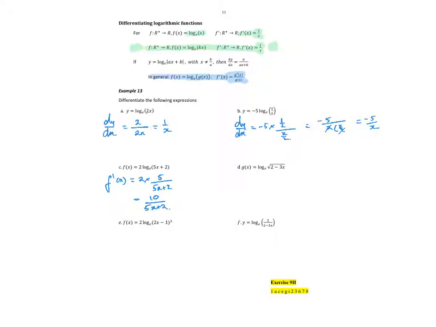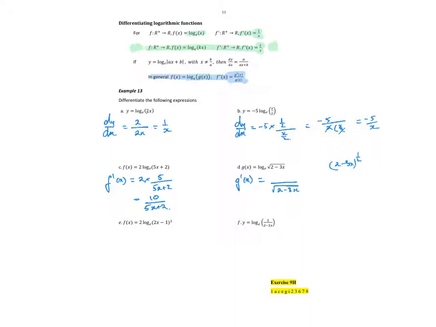What about here? Same sort of thing. Now we've got g dash of x is equal to the derivative of that function over the function itself. So I know the answer is going to be over the function itself. We just now have to work out the derivative of 2 minus 3x to the power of a half.